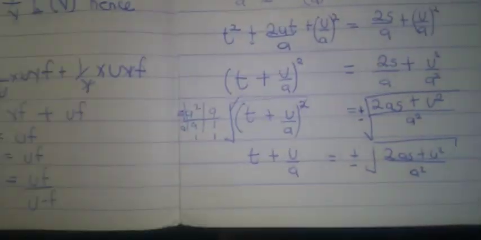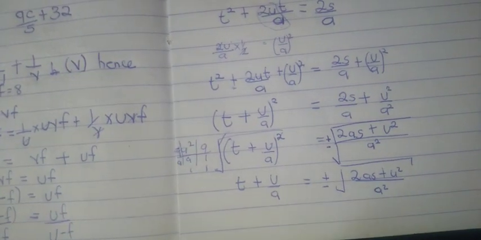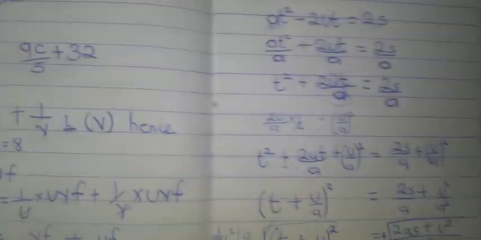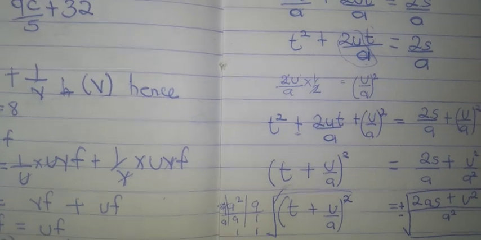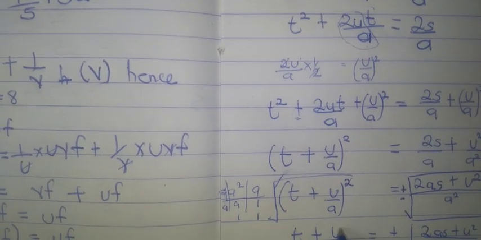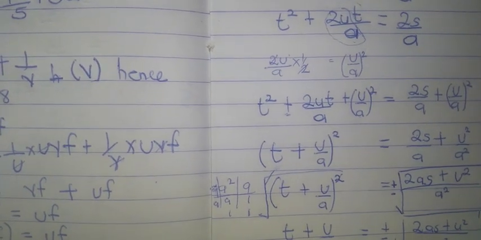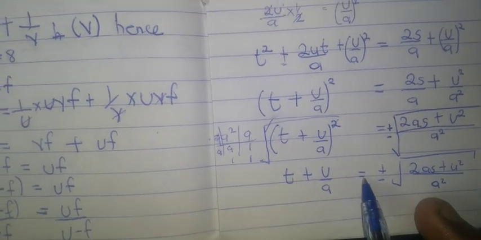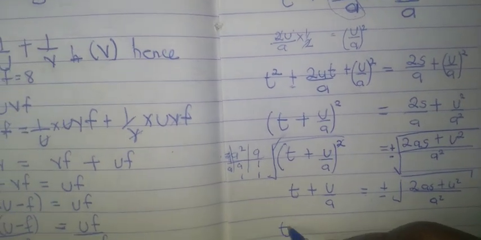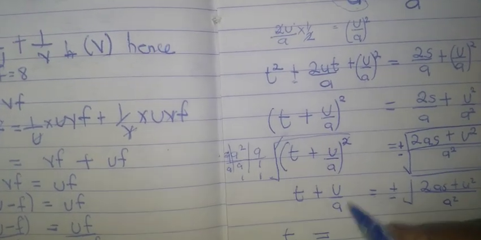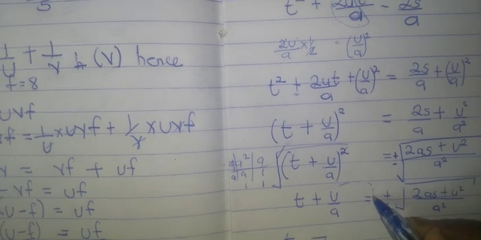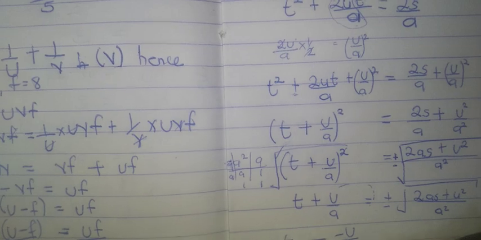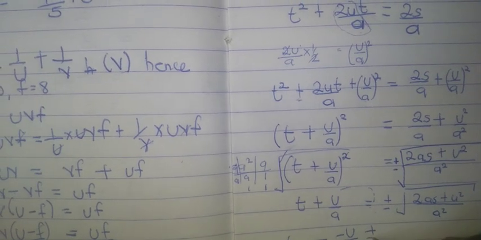So from there we can easily make t the subject of the formula by simply shifting this whole thing to the other side. Since it is a positive, when it crosses the equal sign it becomes a negative. So t will equal to negative u over a, plus or minus.